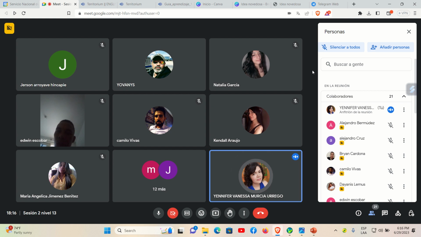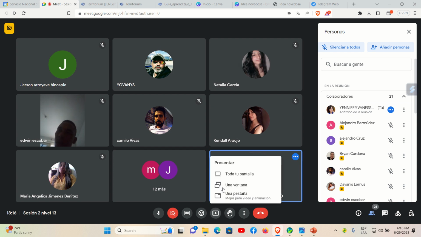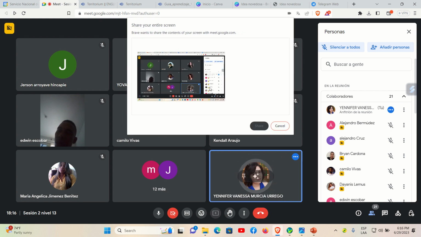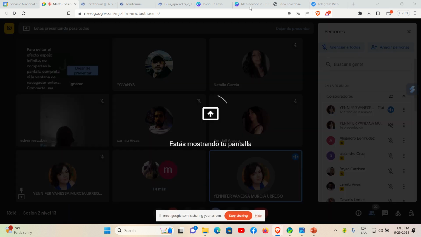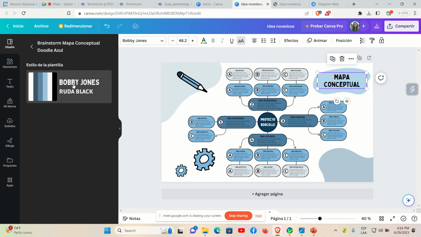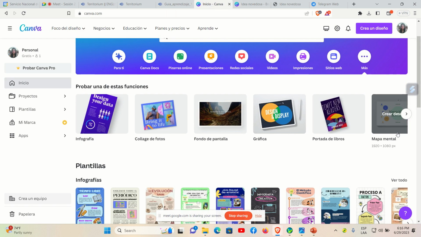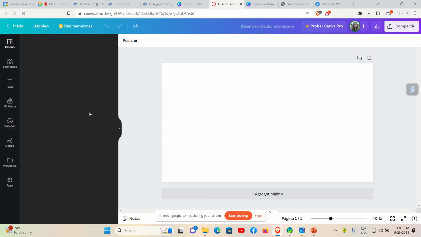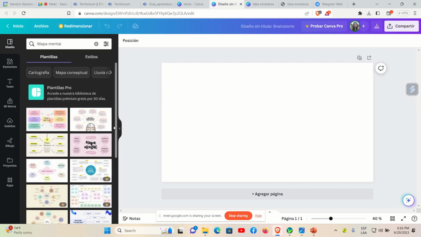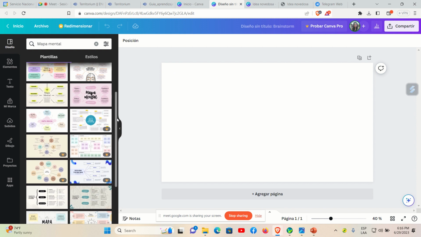A veces pasa eso porque utilizas cosas que son pagas. Cuando son cosas pagas, no te deja compartirlo. Pero si vieron que ese que yo elegí es bien sencillo, ¿cierto? Y ese me lo dejó compartir, ¿verdad? Tienen que tener mucho cuidado cuando ustedes vayan a elegir el boceto o el sample, que no tenga esta coronita.